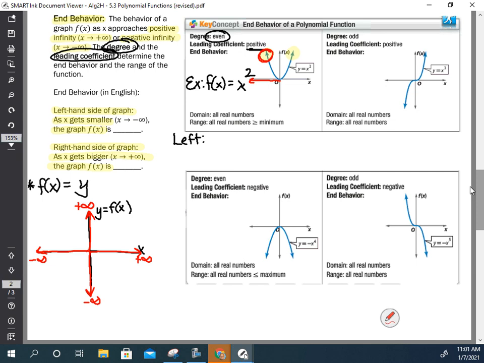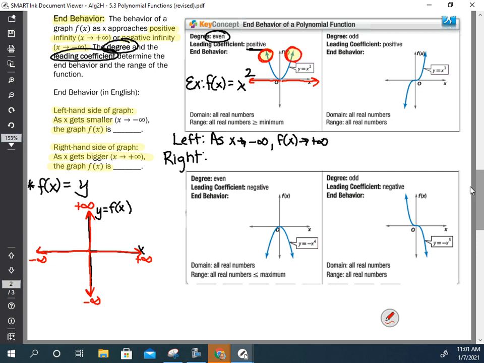So on the left-hand side, as x goes to negative infinity, f of x is going to positive infinity. Why? Because it's pointing up. Now let's look at the right-hand side of the graph.